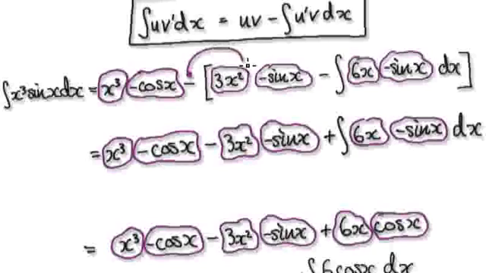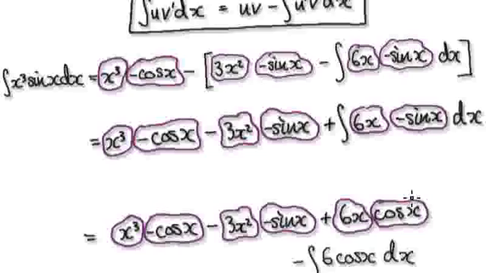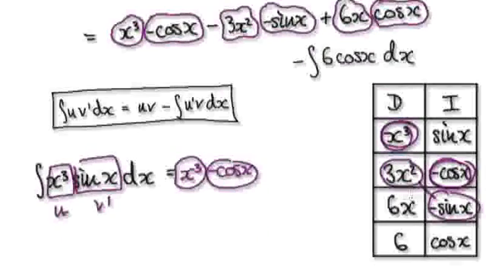When we were here, this times this would be negative, and then this times this here would be a positive. And then if you repeat the process, the signs change. The first block would be positive, the next one would be negative, and then the next one would be a positive, and so on. So just notice that the signs alternate.